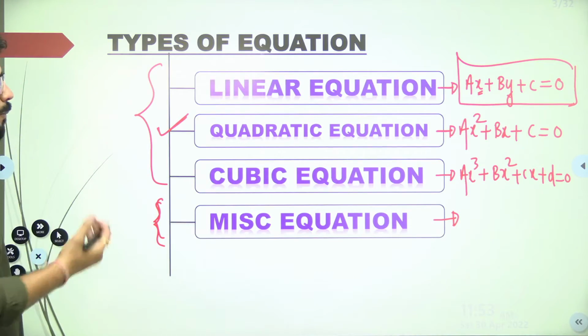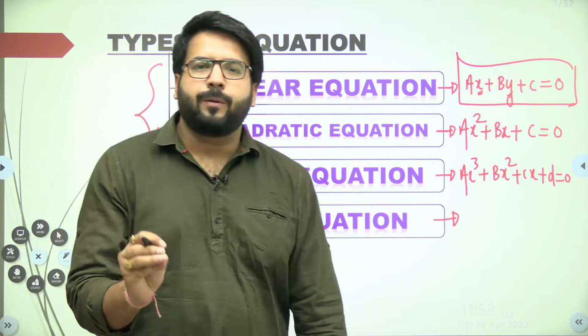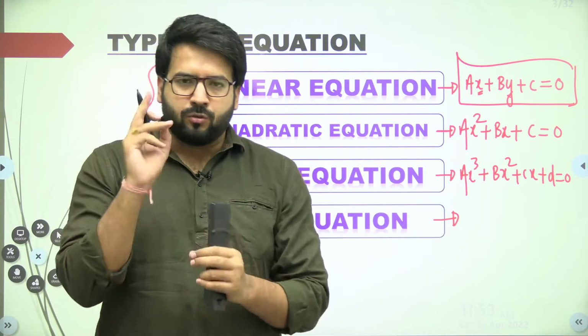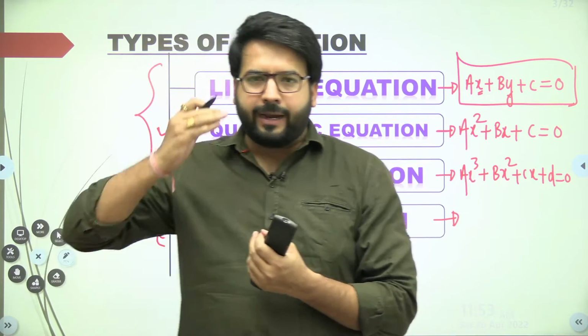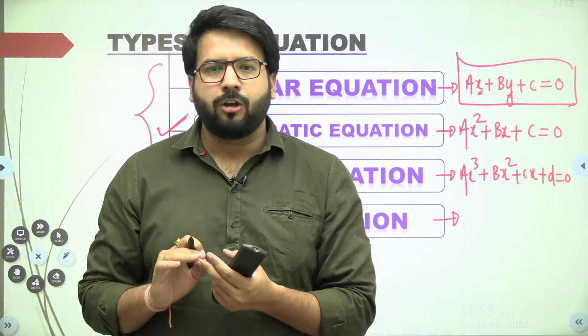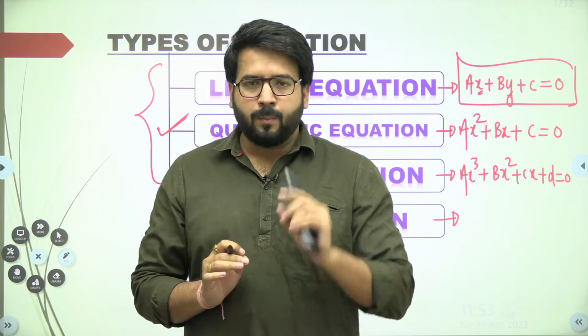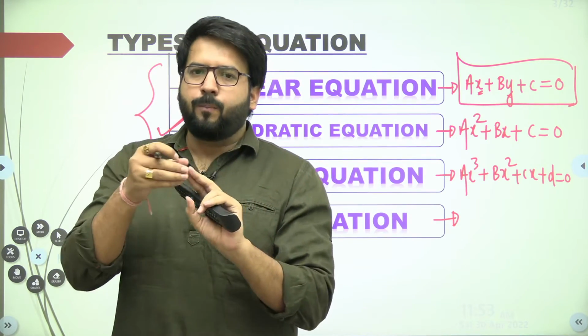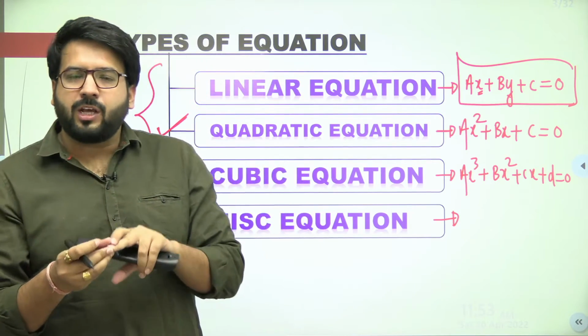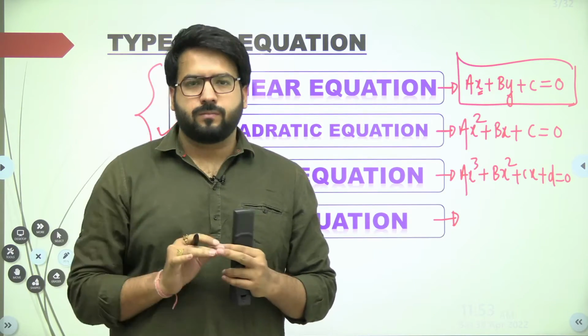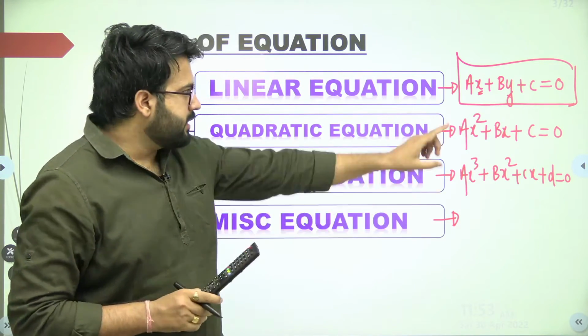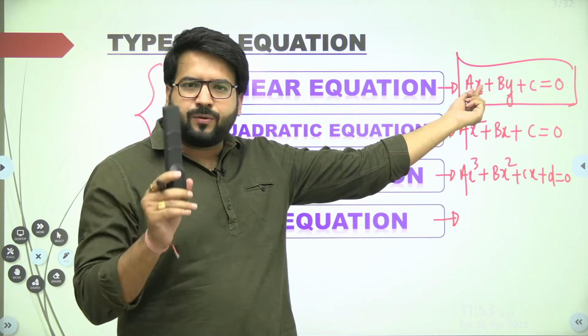First you have to understand the difference between polynomial and equation. One difference was that if a polynomial is written equal to 0, then that polynomial is known as an equation. But one more difference: in a polynomial, the power of variables is always an integer. You can see the power of x is 1, that means integer.